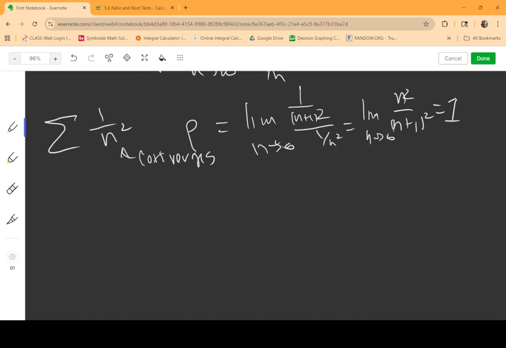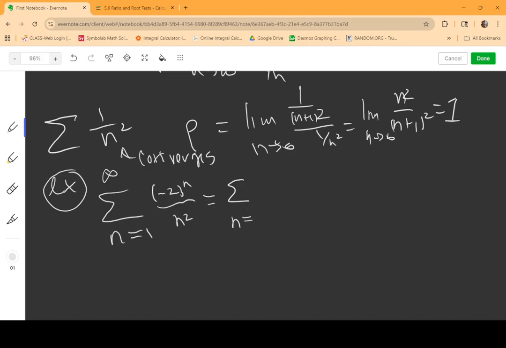But if we are in the other two cases, then we can make a conclusion about our series. So let's do some examples. Let's take a look at this series: the sum from n equals 1 to infinity of (-2)^n over n squared. I'm going to apply the ratio test. One thing, when we have this -2, this is an alternating series.